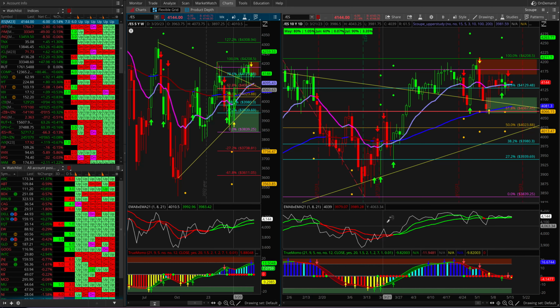I did some retooling a little bit today. I don't know if I'm going to stick with it, but I might. The TrueMomo indicator was its own animal, and I've included the colors of the squeeze indicator into it.